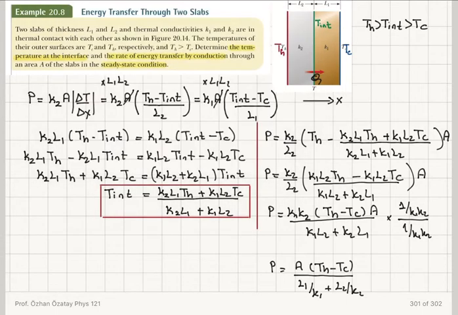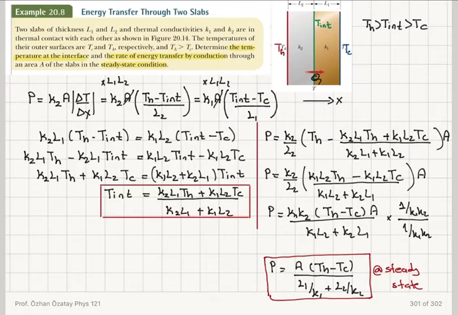So this is the final answer for the power at steady state. Steady state means the rate of energy flow is constant across this interface. Both from the left side and the right side, it's the same rate of energy flow.